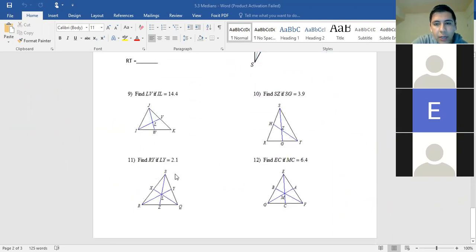So let's apply this to some actual problems, okay? So for example, the first one says, okay, we know that I to L is 14.4. So I to L is 14.4. And it says to find LV. So is I to L the bigger part or the smaller part?